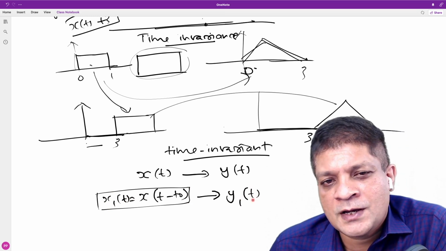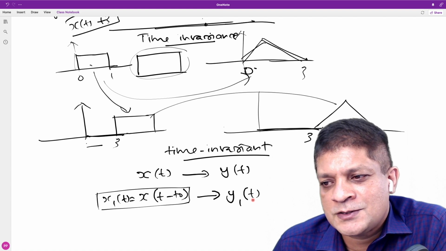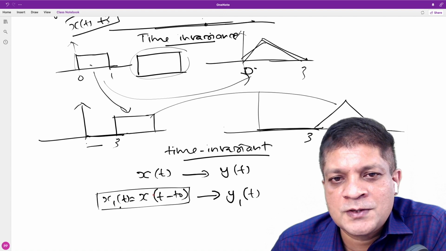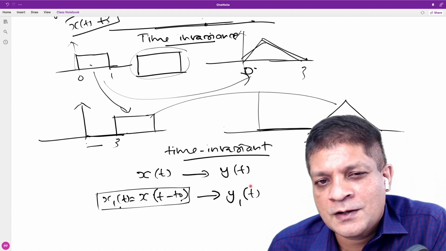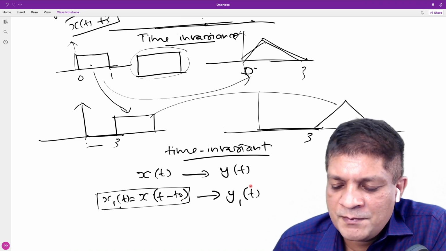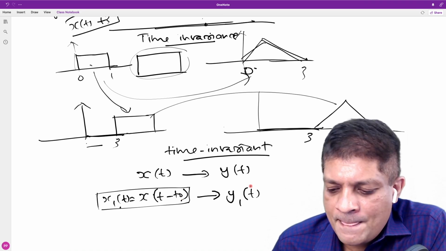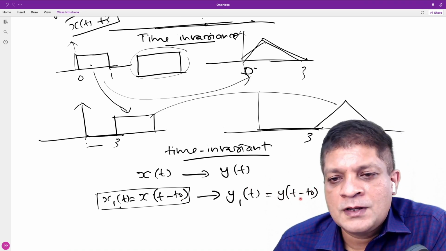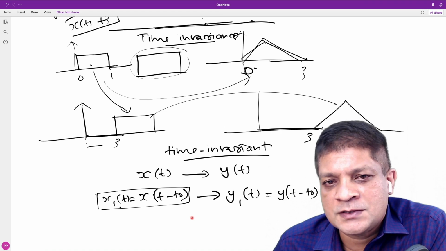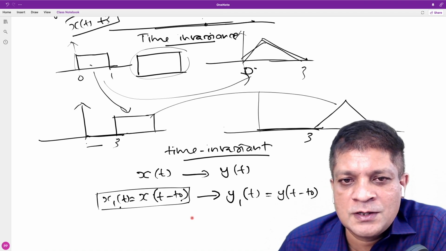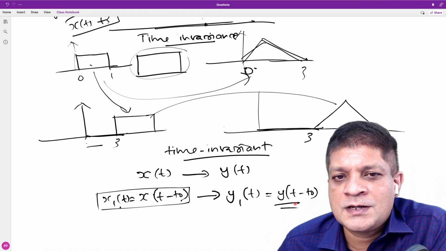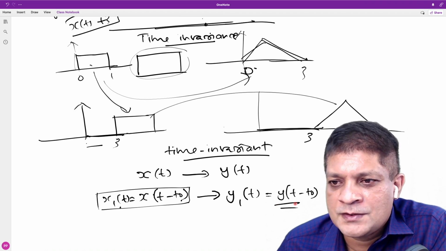When can we say that this is a time invariant system? The input is a delayed version of this, delayed by t naught, and the output is also delayed by the same amount. The shape of the signal is the same, it is only a time delay. Then we can say that it is a time invariant system.